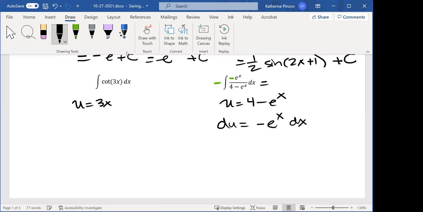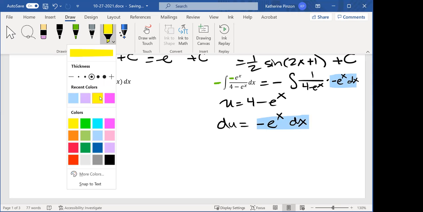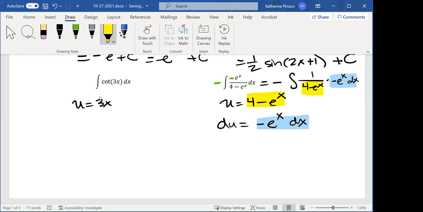So I would write this as negative 1 over 4 minus e to the x, times negative e to the x dx, because now it's easy for me to see that this part is my du and this part is my u. So this is going to look like negative 1 over u du.